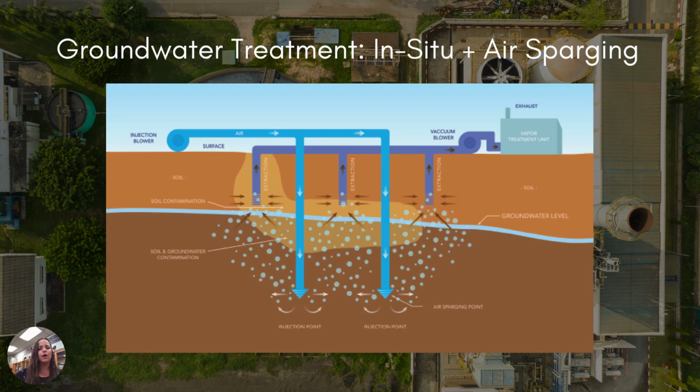Those are sucked up by a vacuum, and then we can treat that and get rid of all of that material, which cleans the groundwater. So that's one method. It's costly, and it's really hard to make sure that things are going correctly.